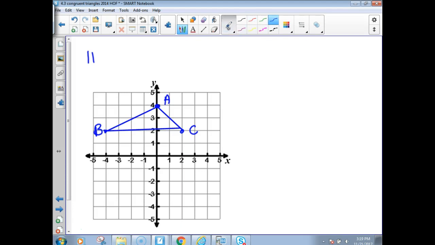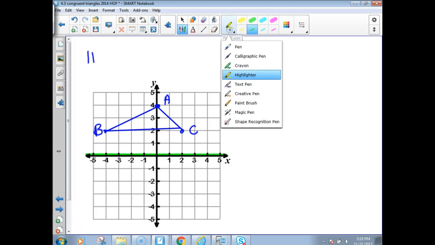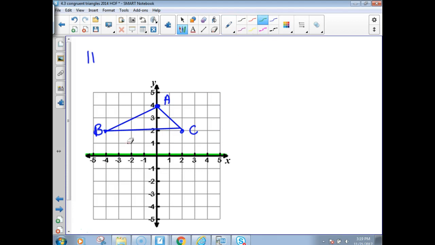The x-axis is the horizontal axis, which we should know by now. And we're back to doing something from chapter 9. So if I flip B over the x-axis, B is 2 above, so I count 2 below, straight down and put B prime. C is 2 above, goes 2 below, straight down, and A is 4 above, go 4 below.